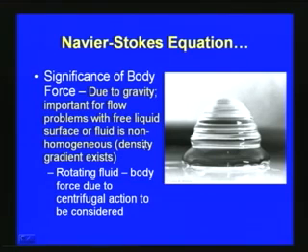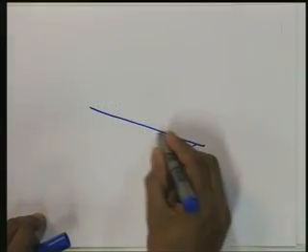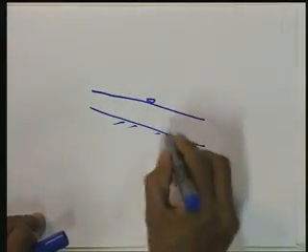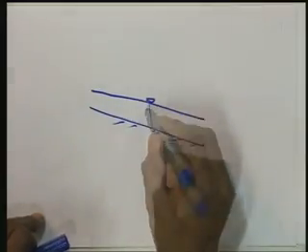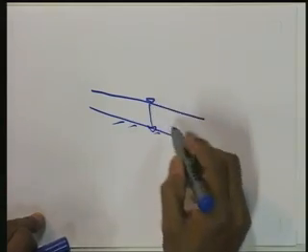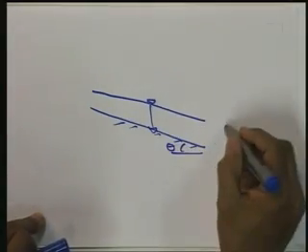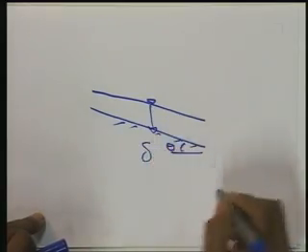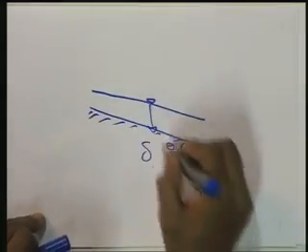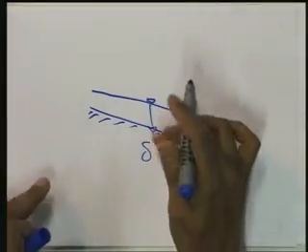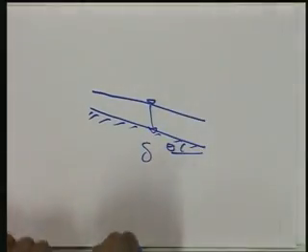If you consider any flow with a free surface, for example a flow taking place on an inclined plate, you can see that the acceleration due to gravity is there. Here this plate is inclined at an angle theta. So, the g component is acting here, and the body force is predominant. So, we have to consider this body force.